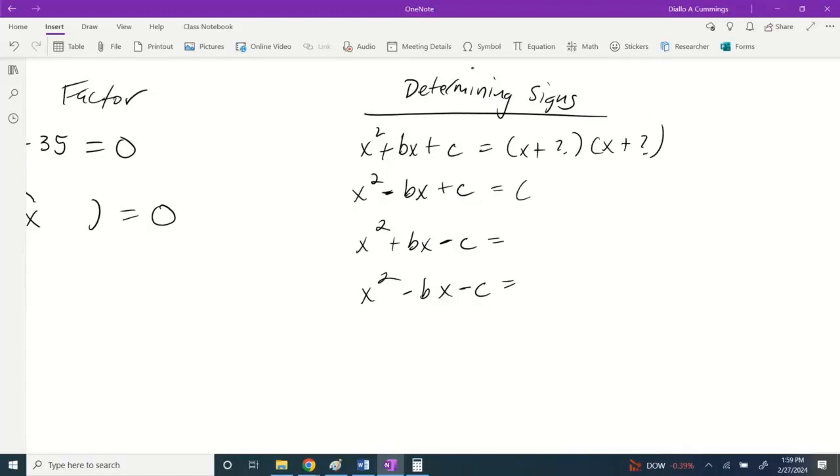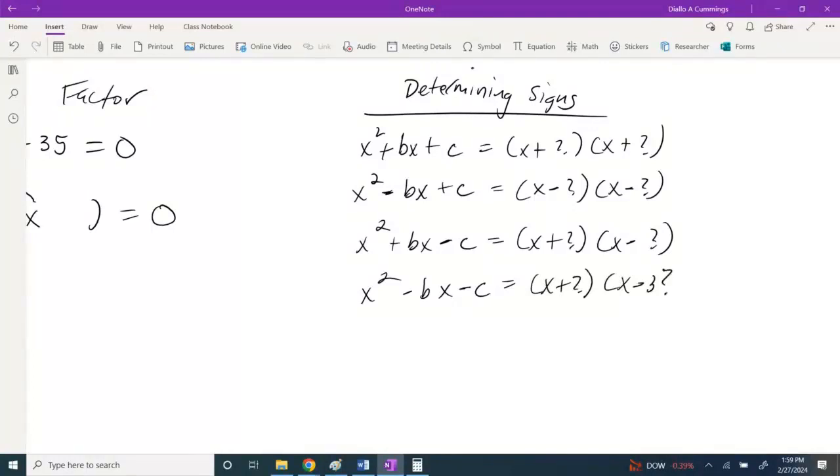I'm going to explain this in just a second. I know I'm writing this fast, so I really don't want you to write this. You can, but I wrote this kind of fast. But it's a pattern to how you determine the signs. And this is how you read that pattern.